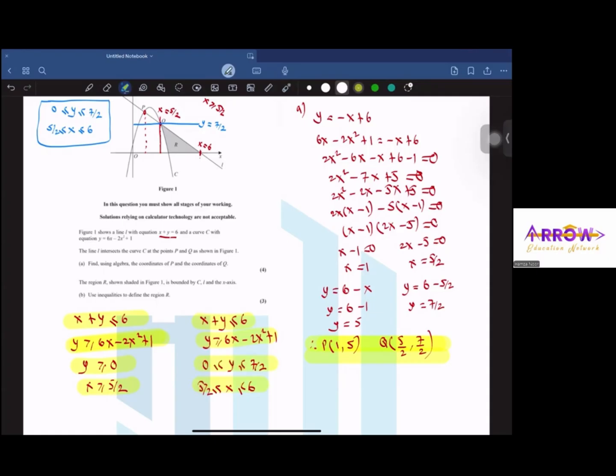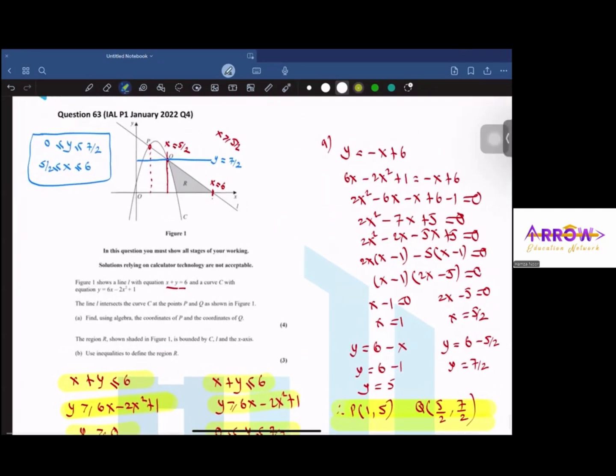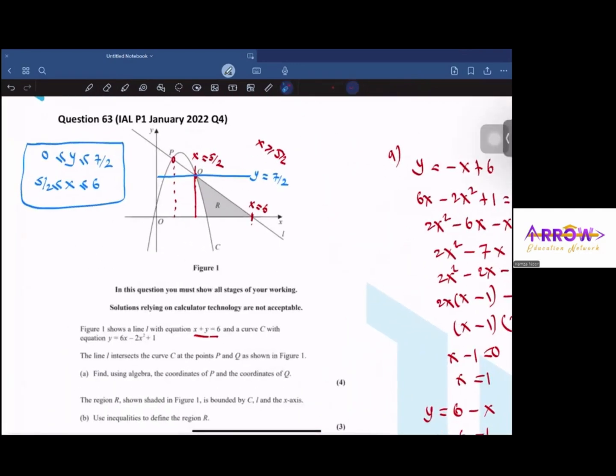But this is not compulsory to use, because when we are saying that y is greater than or equal to 0, the region R is above the x-axis. Okay, so obviously we are considering this thing at the same time when x is greater than or equal to 5 over 2.